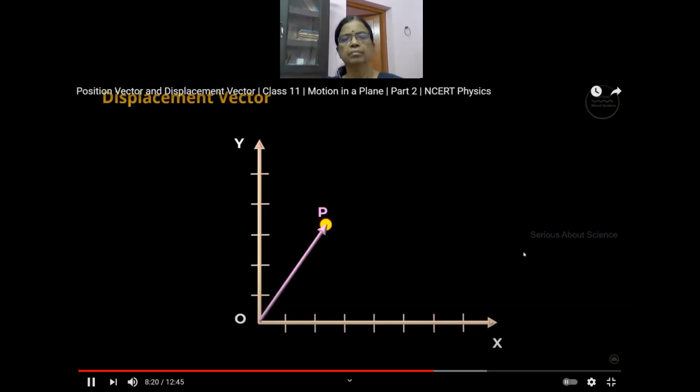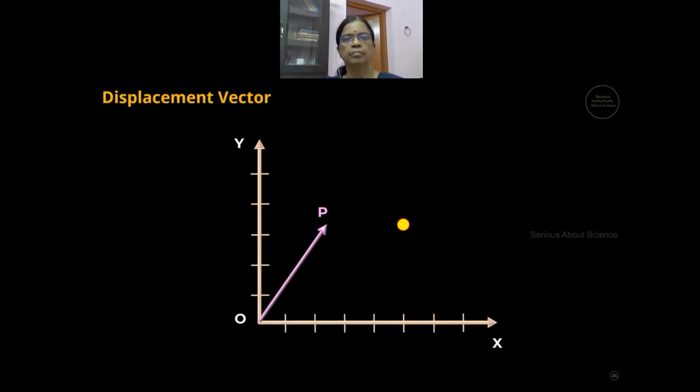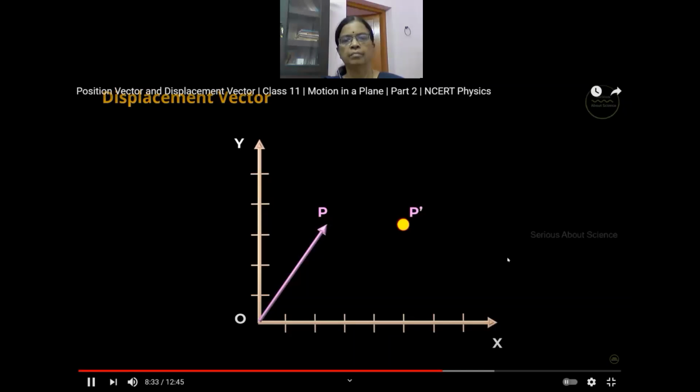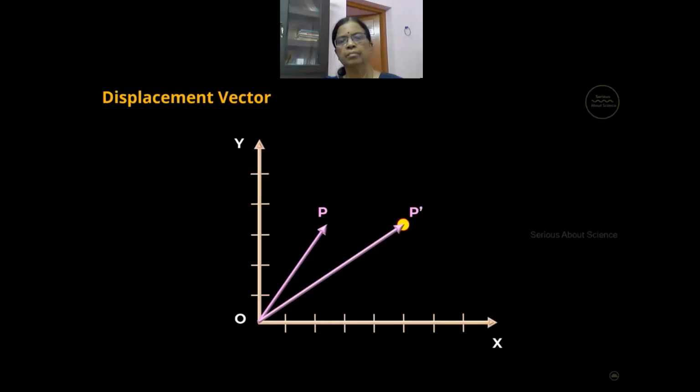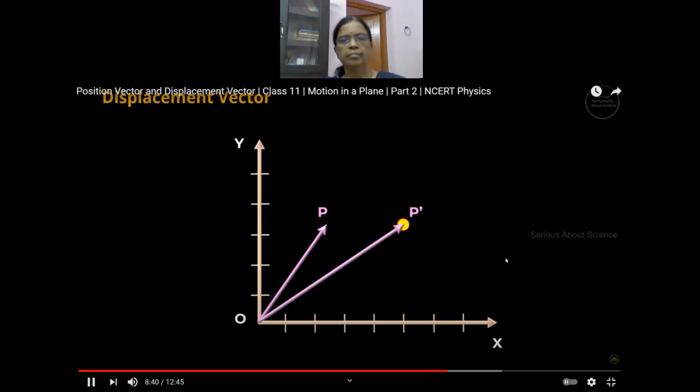Now if this particle undergoes a displacement for time delta t, the new position will be this one, and I can denote this particular position as P dash. If I again join a vector from the origin to this point, we'll get the next position vector, that is OP dash.